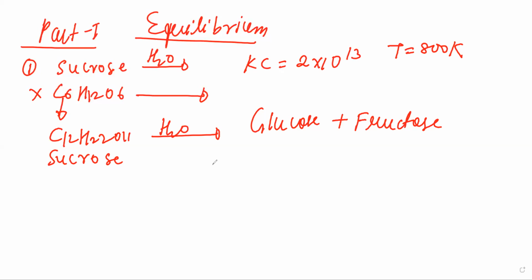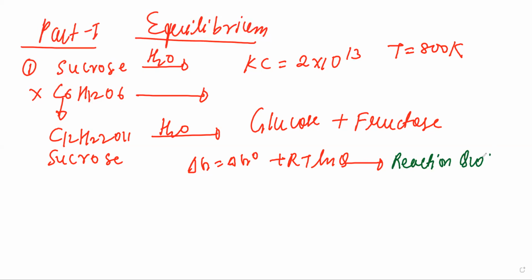As we know, delta G is equal to delta G naught plus RT ln Q. Q is the reaction quotient. R is your gas constant and T is your temperature.